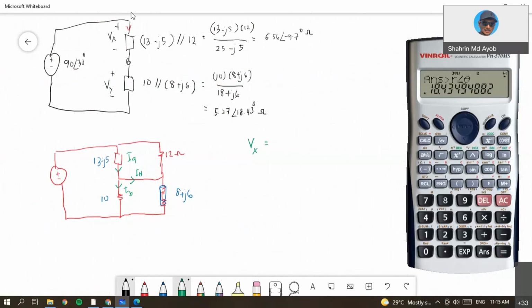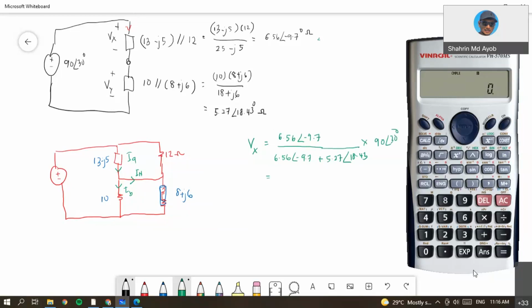Okay, you need this one better in rectangular form. 6.56 angle negative 9.7 over the total impedance 6.56 angle negative 9.7 plus 5.27 angle 18.43, multiply with 90 angle 30 degrees.